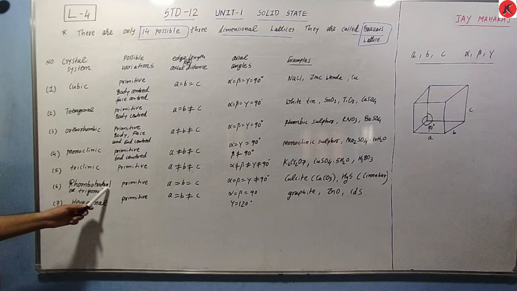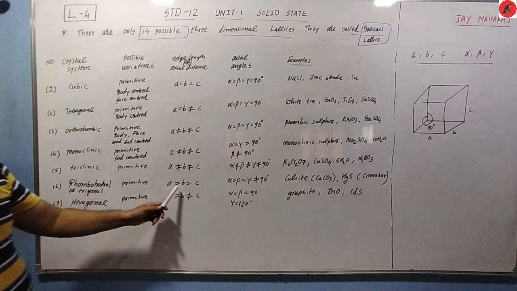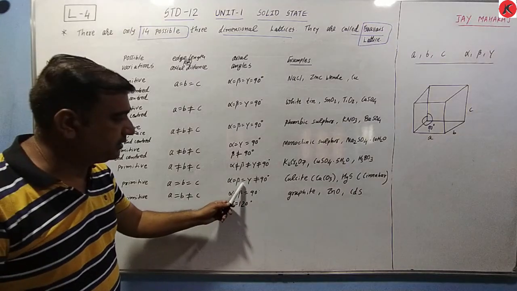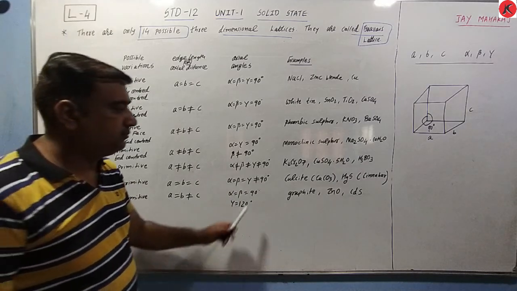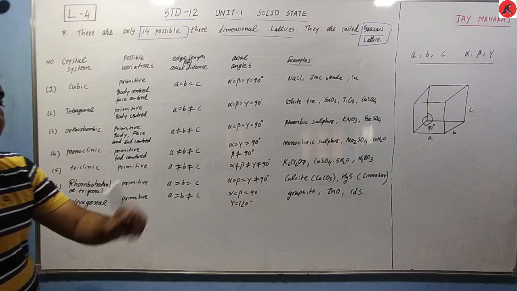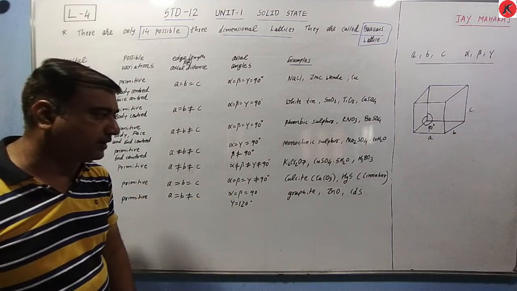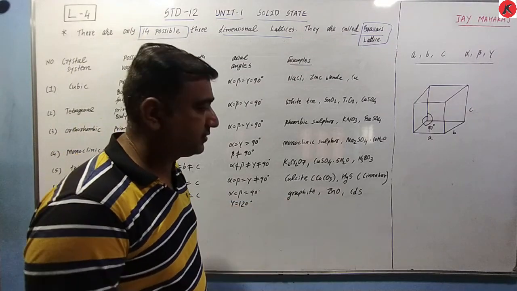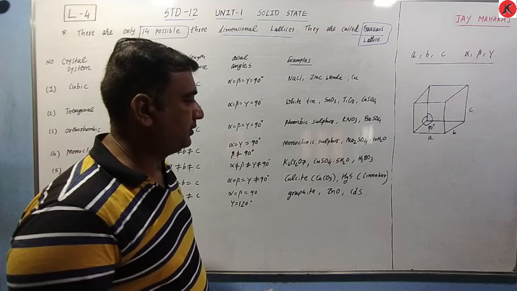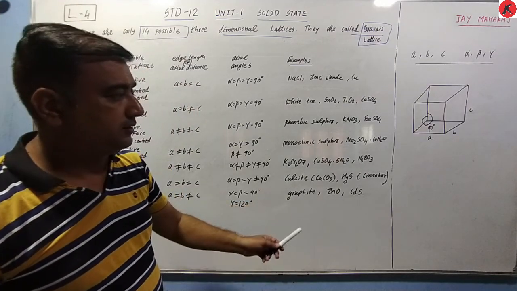Now the sixth one is rhombohedral or trigonal. Here a equal to b equal to c, and alpha, beta, gamma are equal, but they are not 90 degrees. Examples: calcite, that means calcium carbonate, which is available in various forms, from which calcite.